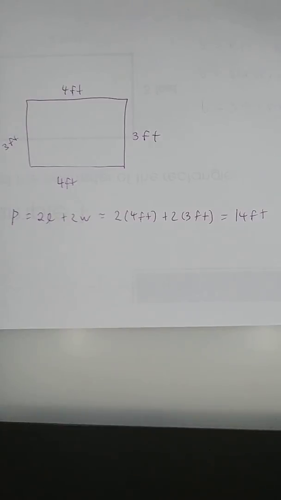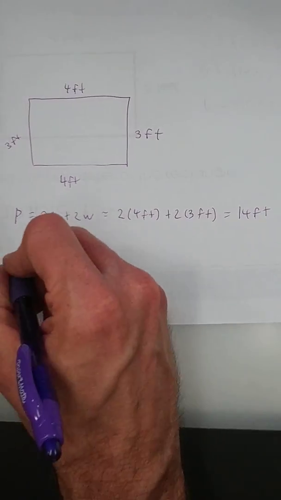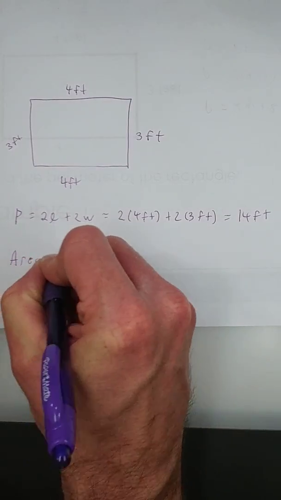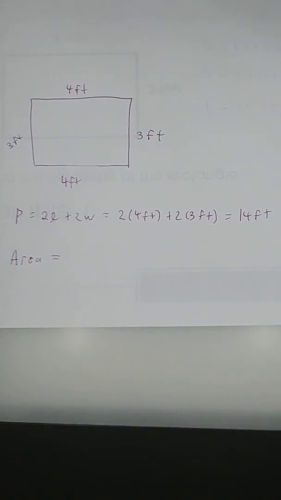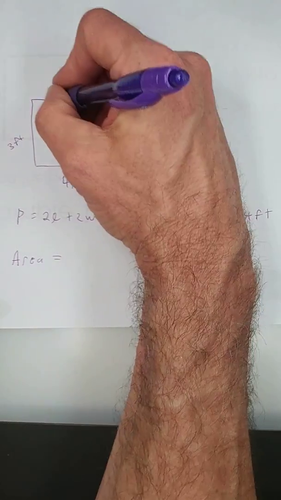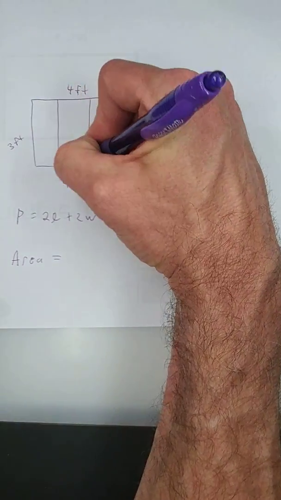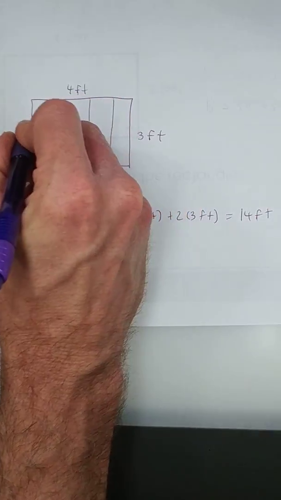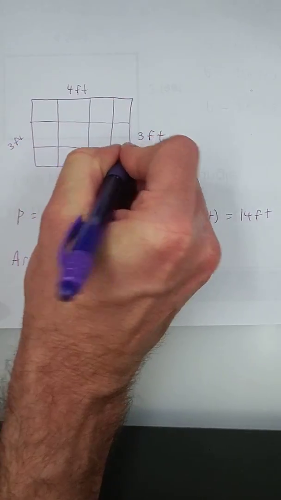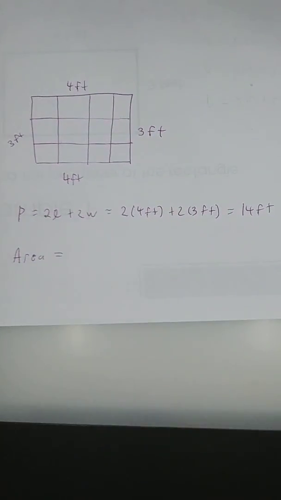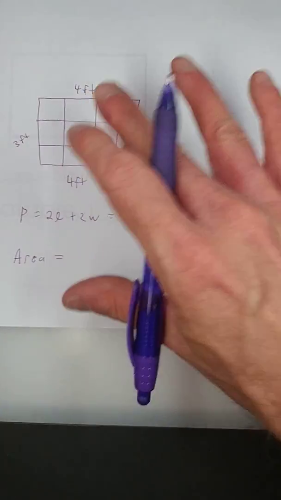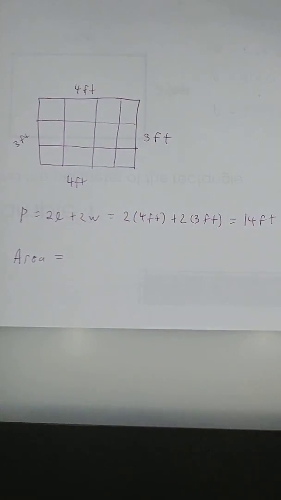And then we could actually talk about the area right now. What would be the area of the rectangle? I actually didn't do this in example 1, but we could talk about it. Basically, if you divided the object up into blocks that are 1 foot by 1 foot, it would be 4 squares by 3 squares.